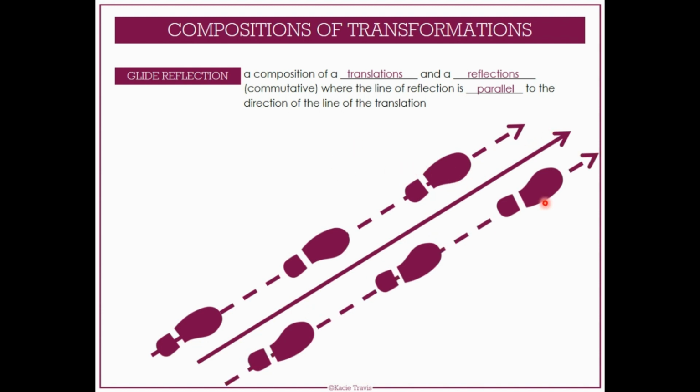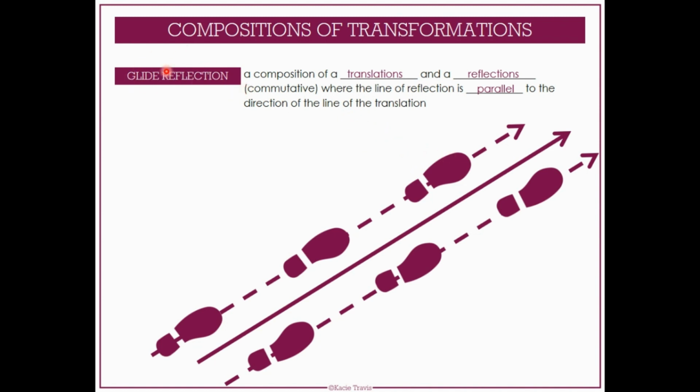When we're doing a glide reflection, as long as the line that we are reflecting over, which is this line here in the middle, is parallel to the same direction that we are sliding our shape to, then this will end up being the same shape no matter where we move it to.